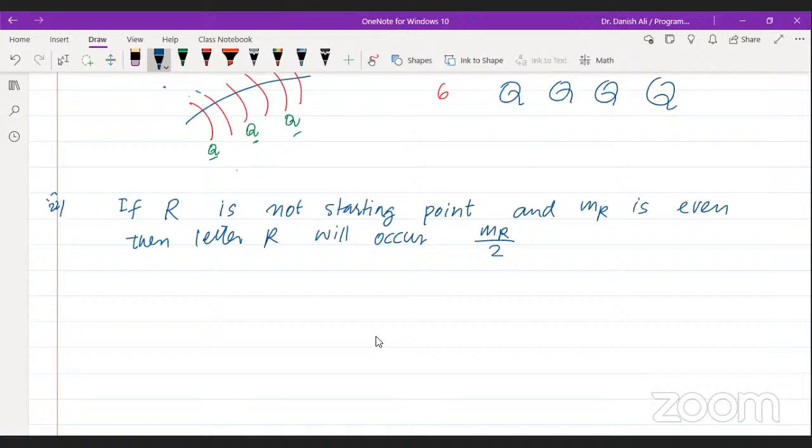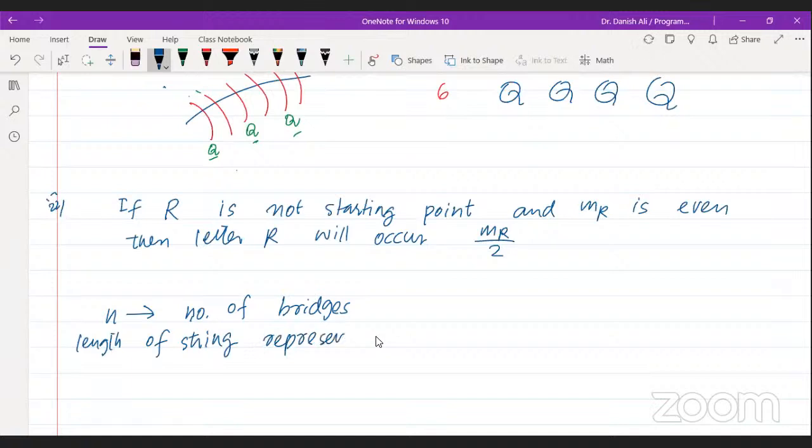We can call this the intermediate method. Euler used this as an intermediate method. So what is the intermediate method? If n is the total number of bridges in the system, the length of the string representing, I'm using for this special walk or path the name Euler's path after Euler.